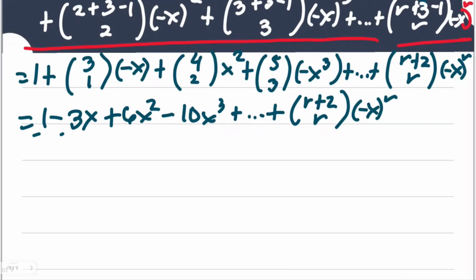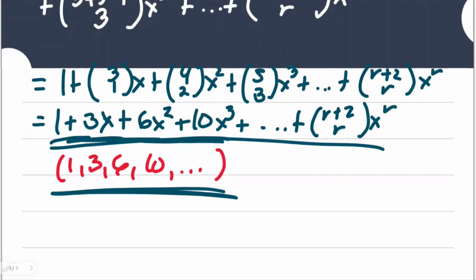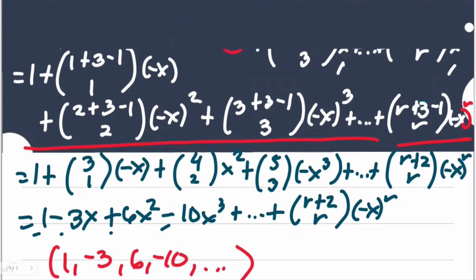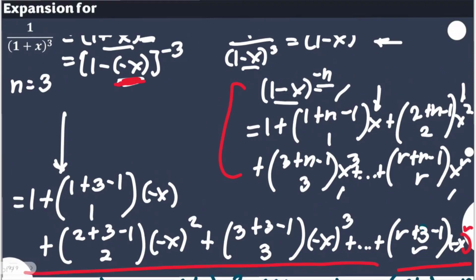It's positive, negative, and so on. In short, the sequence for this is 1, negative 3, 6, minus 10, different from the previous, which are all positive in nature. So that's how different the two are, because the operation separating the terms in the denominator within the exponentiation is also different from one another.